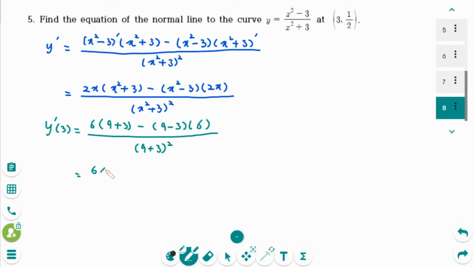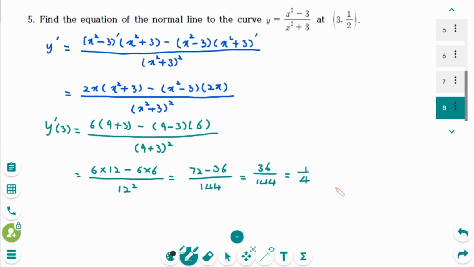So 6 times 12 minus 6 times 6 over 12², equals (72 − 36)/144. 36 over 144 equals 1 over 4. So the slope equals 1/4. 1/4 is the slope of the tangent line.